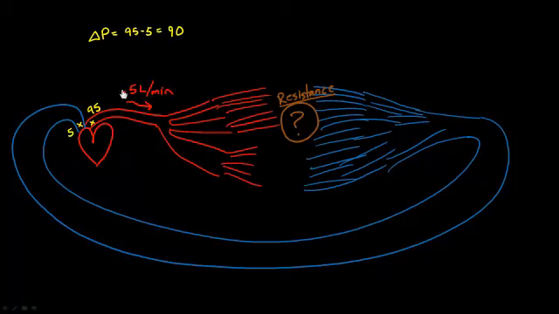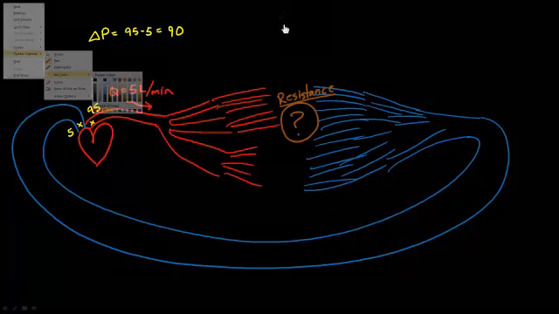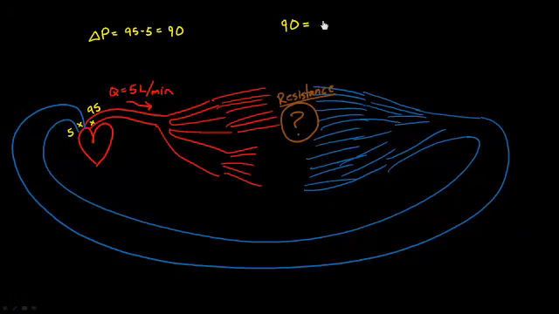That was my Q. Actually, let me take a step back. Instead of 90, let me write the units: 90 millimeters of mercury, and 5 liters per minute. That was my flow, that's my Q.